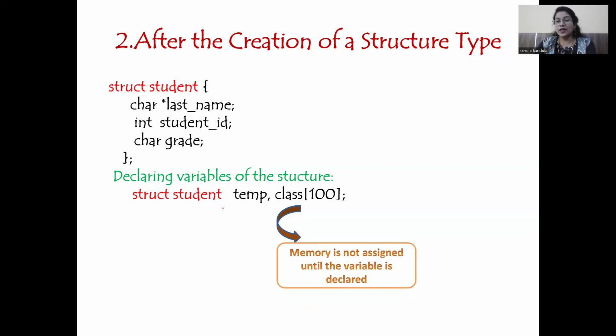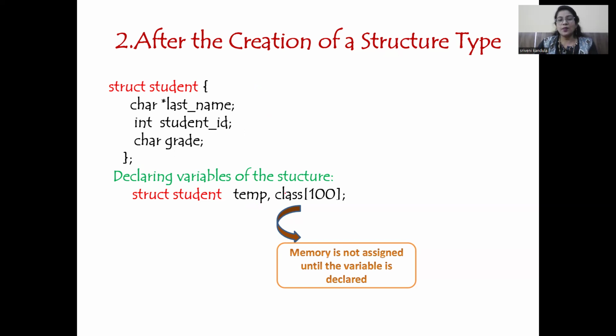And one more thing I want to tell you, the beauty of structures is the memory for this particular structure is not assigned until the variable is declared. Though you define the structure, the memory will not be allocated. The memory requirement for the structure we will discuss shortly, but that memory will not be allocated until and unless you create a structure variable. So here we have created a structure variable temp. For this, based on the size of the structure, memory will be allocated.